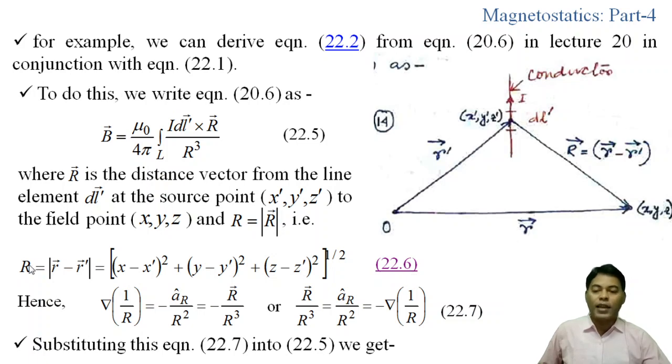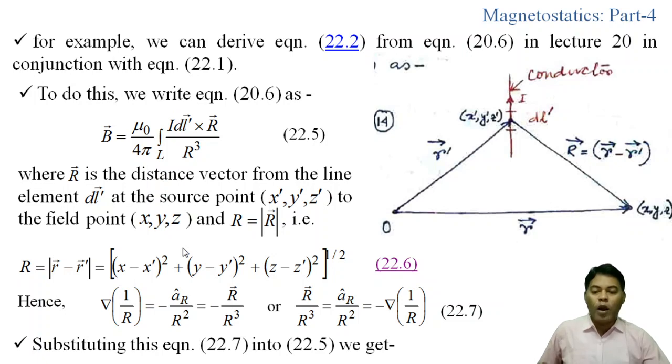The magnitude of capital R equals mod of r minus r prime, that is the square root of x minus x prime whole squared plus y minus y prime whole squared plus z minus z prime whole squared.